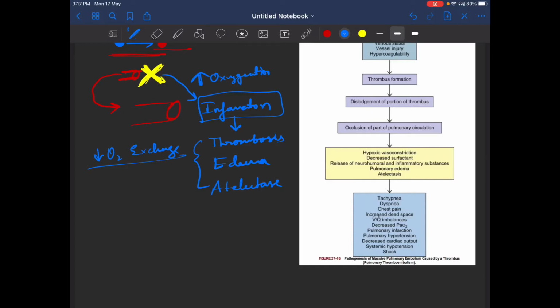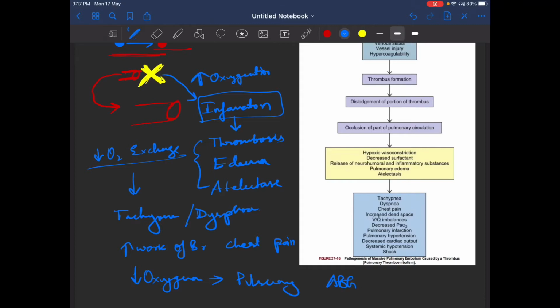This causes multiple symptoms like tachypnea or dyspnea, increased work of breathing and chest pain, and decreased oxygenation, which is measured by pulse oximetry or ABG. This can progress into shock or MI.